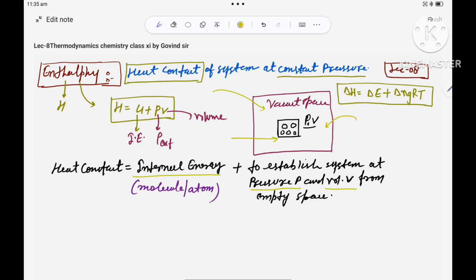If we are talking about the unit, it is represented in joule per mole. This H is not significant for us.